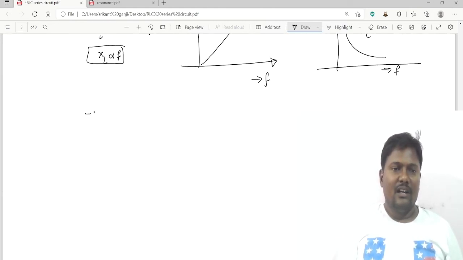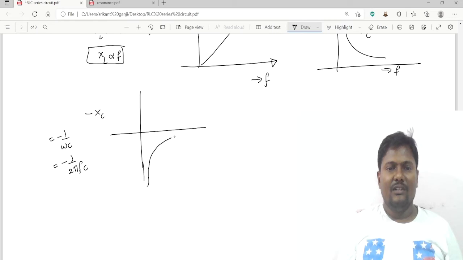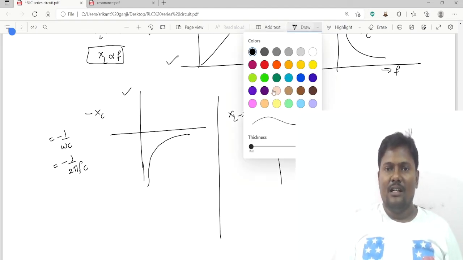So I require minus XC. Minus XC is equal to minus 1 by omega C, which is minus 1 by 2 pi FC. If F is 0, it is minus infinity, and it will come like this. Now I am combining the XL waveform and the minus XC waveform, drawing with different colors.